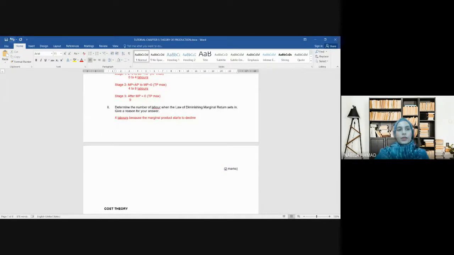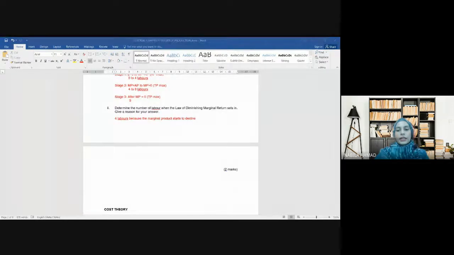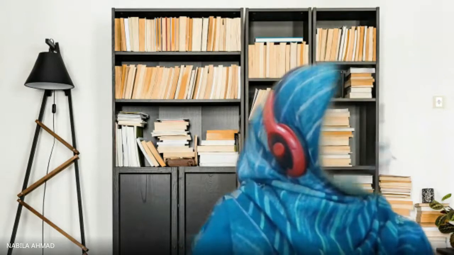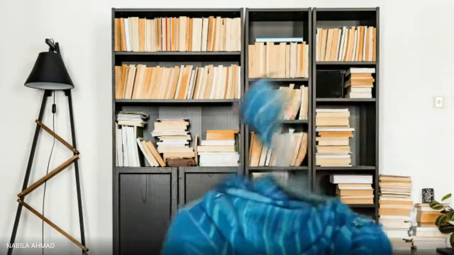Okay, so now saya nak you all buat ni soalan textbook lah. Okay, boleh refer textbook page 199 sampai 200.